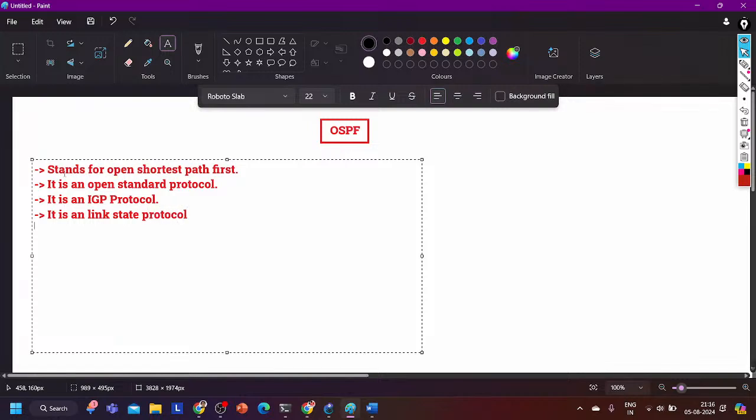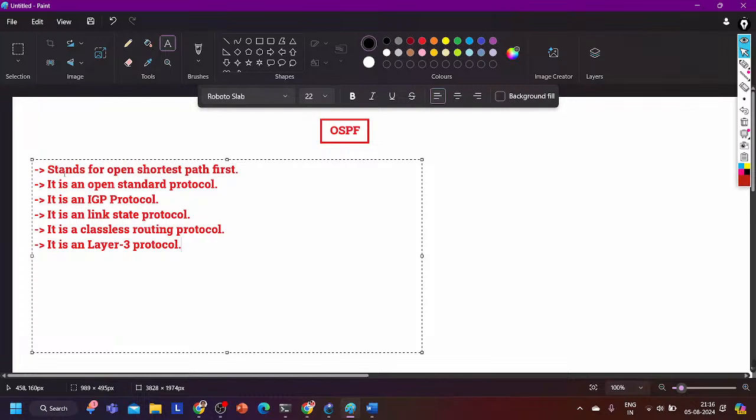Then it is a link state classless routing protocol. It is a layer 3 protocol.